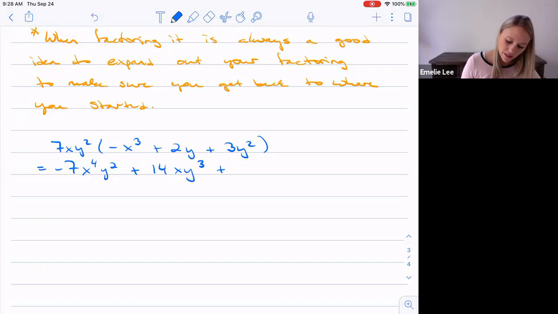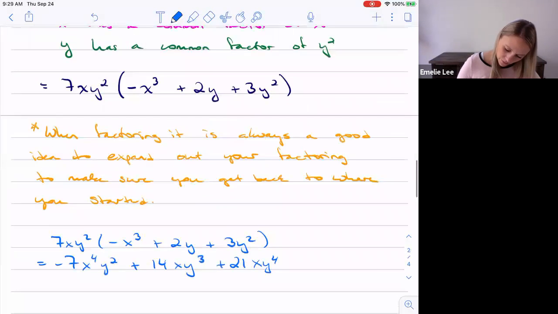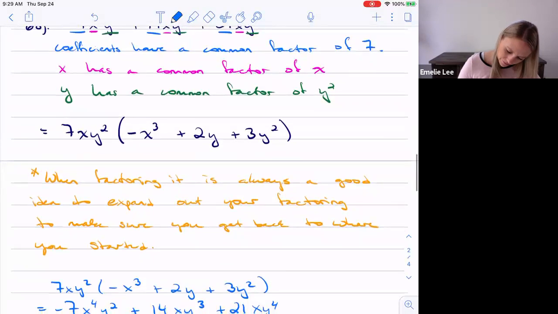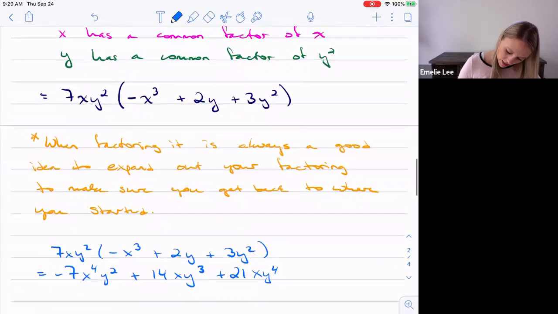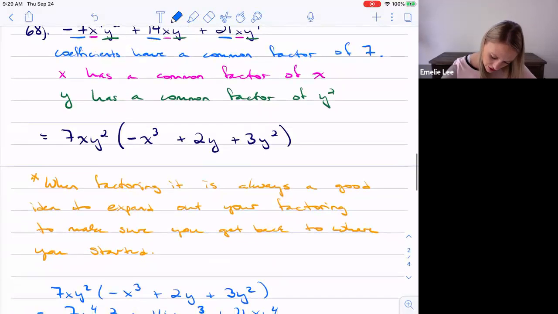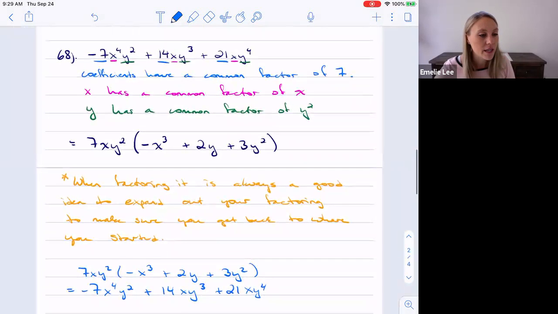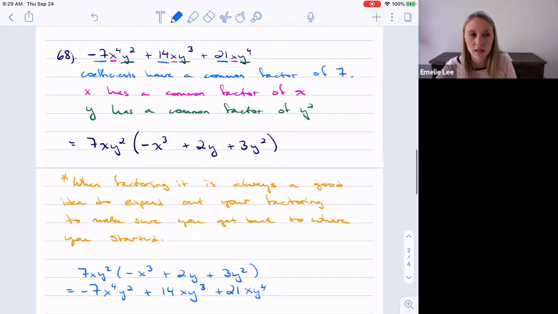Same thing, 7xy squared times 3y squared puts me at 21xy to the 4th, which is hopefully where I wanted to go. Negative 7x to the 4th y squared, 14xy to the 3, 21xy to the 4th.